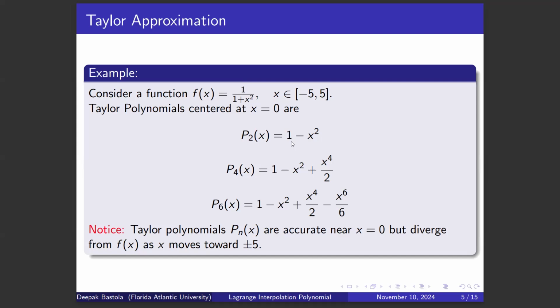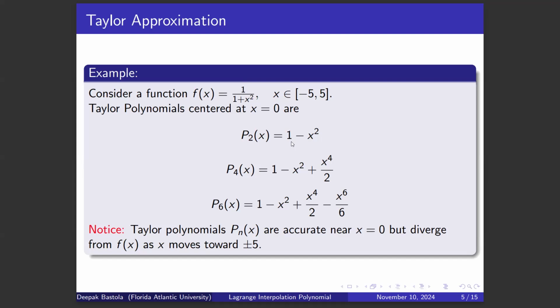P2(x) is 0. If you go for p4(x), then it becomes 1 minus 1 is 0, plus 1 over 2, which is 0.5. So the fourth degree polynomial looks accurate in the case of x equals 1. But if you go further away, you will have more and more errors coming.